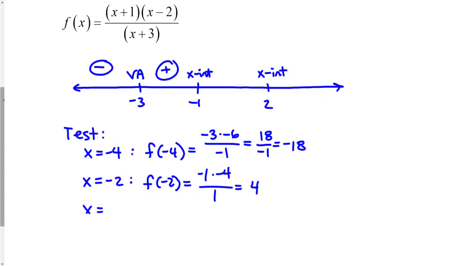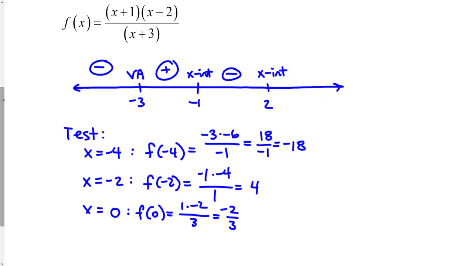So x equals 0. So f of 0, so 0 plus 1 is 1, minus 2, 3, so it's -2/3. Just matters that it's negative.